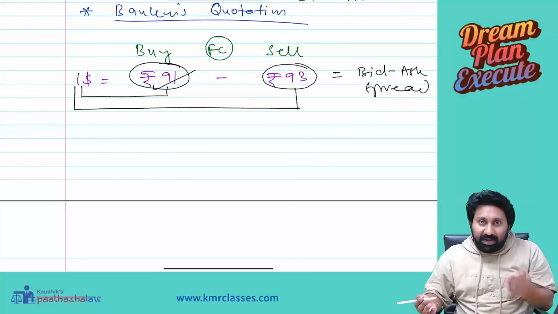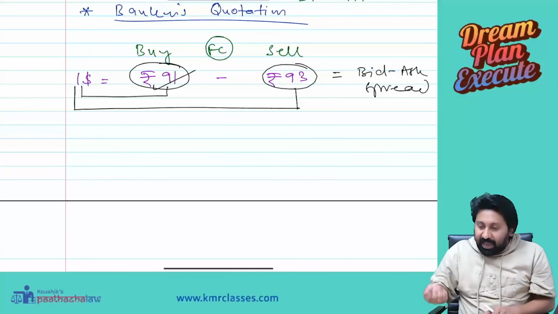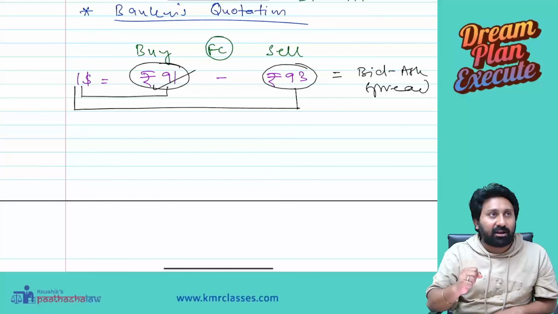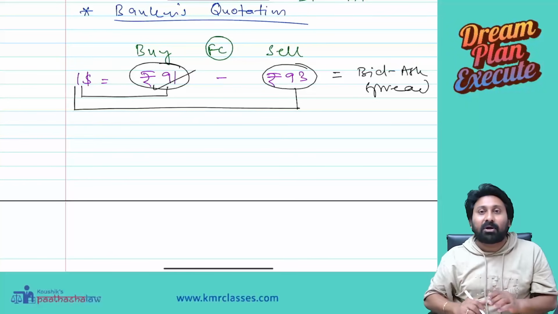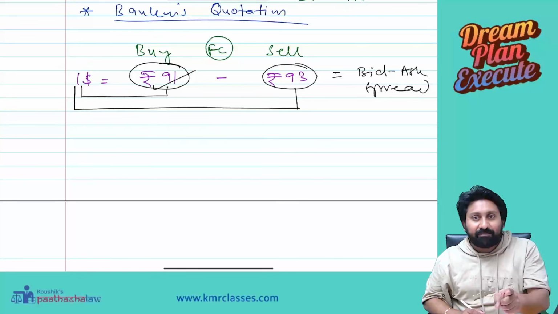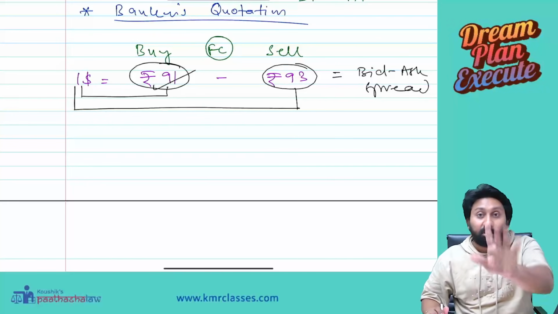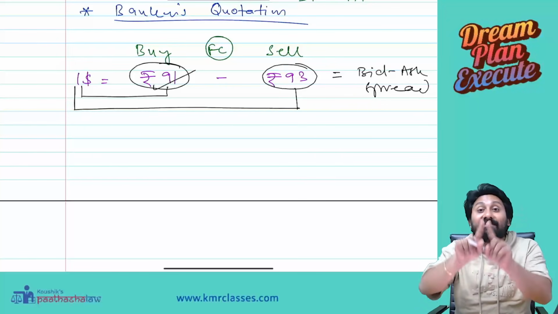Now I shift this 91 to my right hand. I give these 91 rupees and ask the bank to give me $1 now. The bank will say, give me an extra 2 rupees, then I will give. I am buying at 93, but I can sell only at 91. I'm talking about the customer now. So the customer will always make a loss in a given quotation.